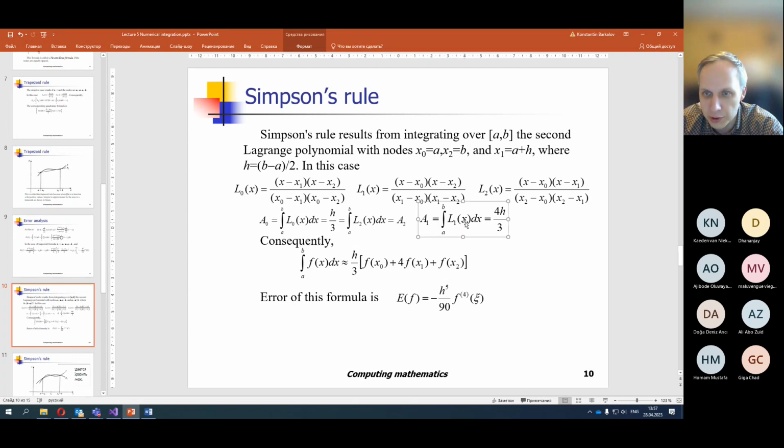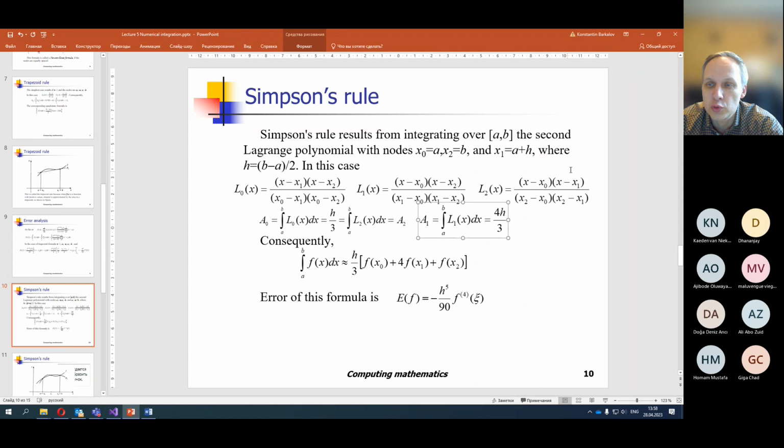And the middle coefficient equals the integral from a to b of L1 of x dx, which is 4h over 3.